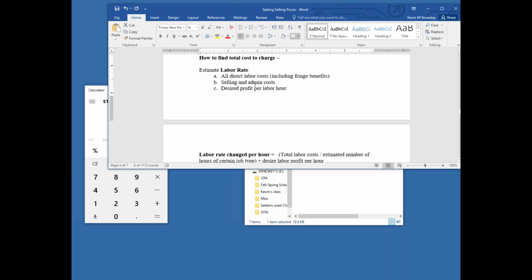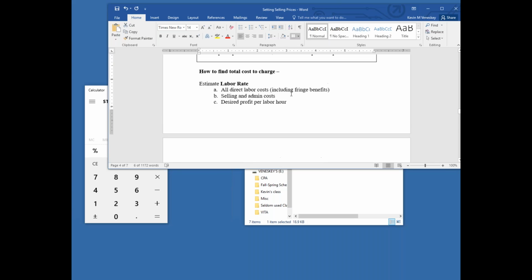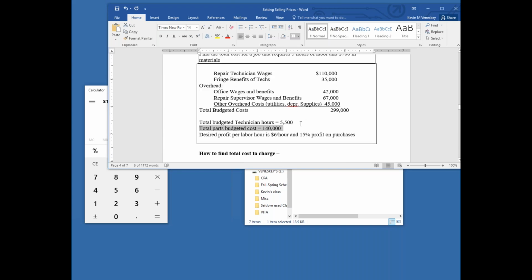With the labor, we're going to look at the direct labor costs. And then we always need to look at how much profit I want to make besides just what it's going to cost me in total labor fees. So I know my total labor fees here is going to be $145,000. I need to divide that $145,000 over how many hours I think my technicians are going to work, and I think they're going to work 5,500 hours total.